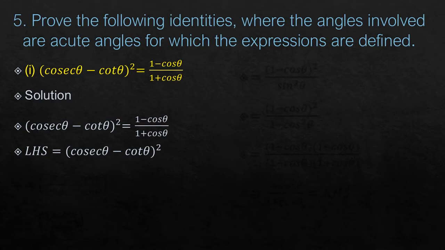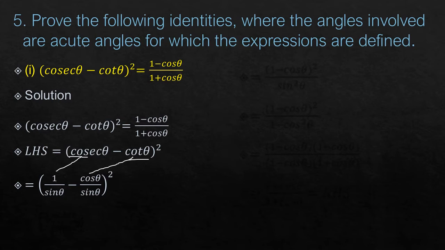That is equal to (cosecant theta minus cot theta) whole square. As we studied earlier, for doing these questions we will change cosecant and cot into sine and cos. So cosecant theta will become 1 upon sine theta and cot theta will become cos theta upon sine theta.